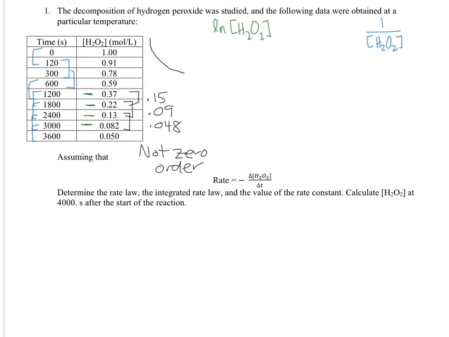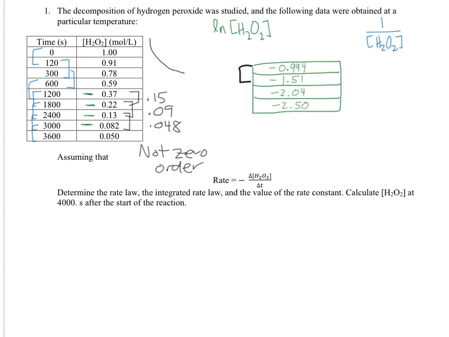Okay, so I'm just going to draw a box here and input the data really quick. And we can see here in this new chunk of natural log of our concentration data that the change between our lines is all about 0.5 for each one of these pieces.